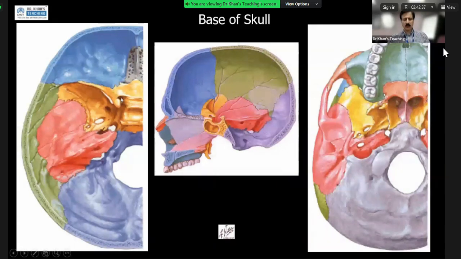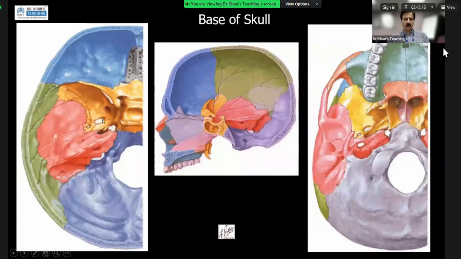So this is the optic foramen from where the optic nerve is coming from the orbit. So once again, on this sagittal view, the posterior clinoid process is part of the basisphenoid. The anterior clinoid process is part of the lesser wing of sphenoid.